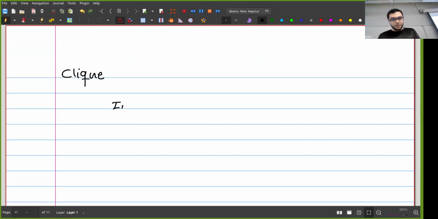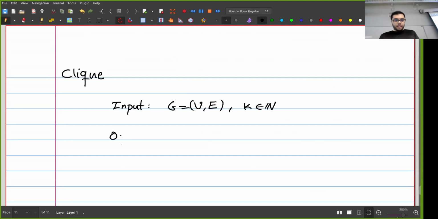So the input, again, as usual, is a graph and some number k. And the question that I want to answer or decide is, does this graph have a clique of size k? Are there k vertices such that every pair of them are connected to each other?